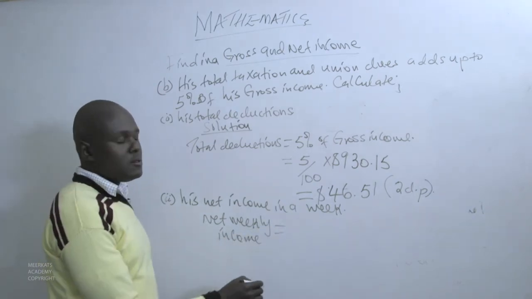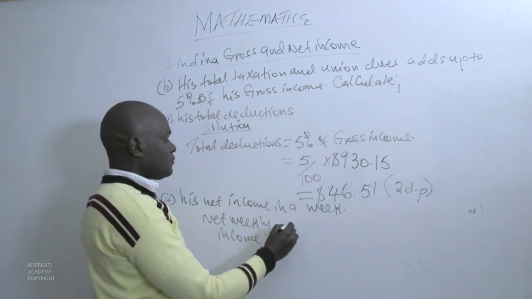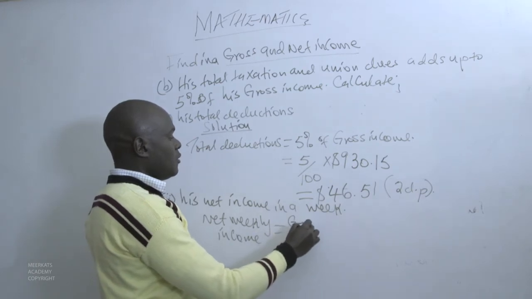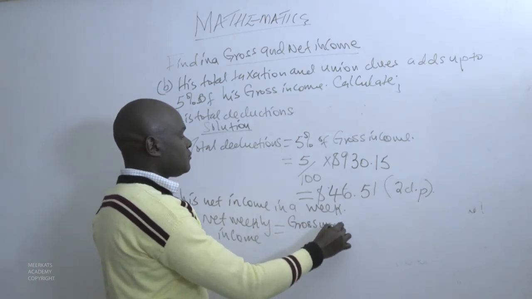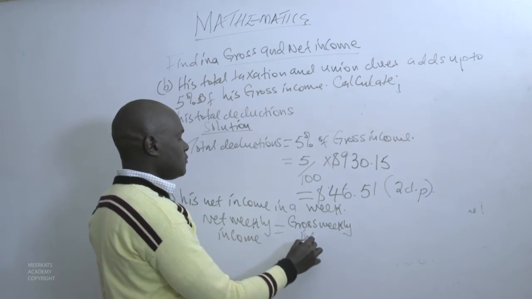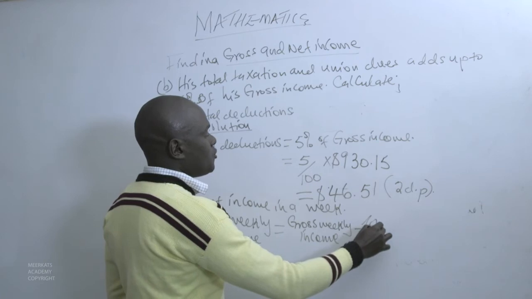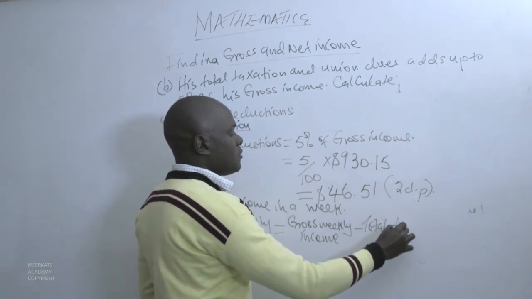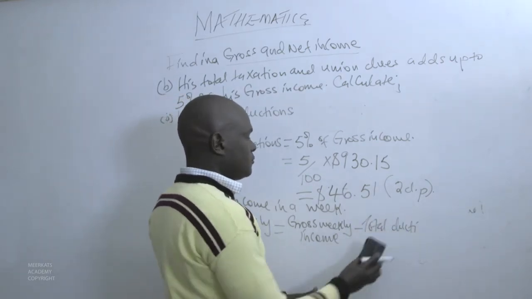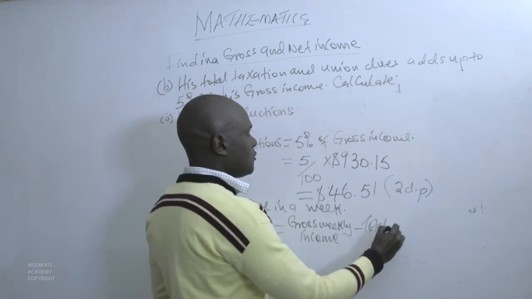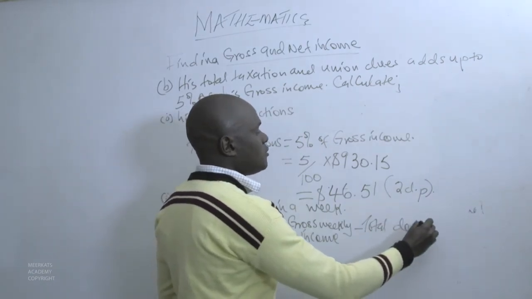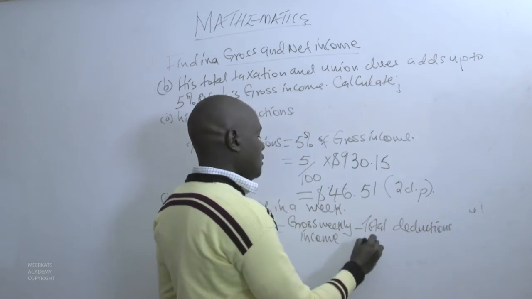will basically mean the difference between gross weekly income minus total deductions in a week.